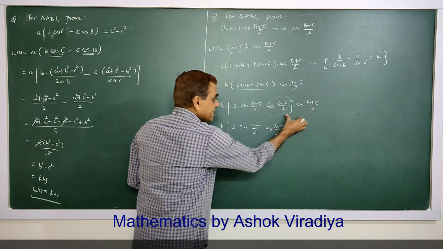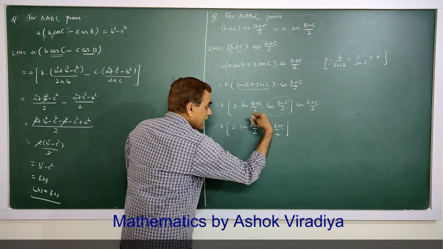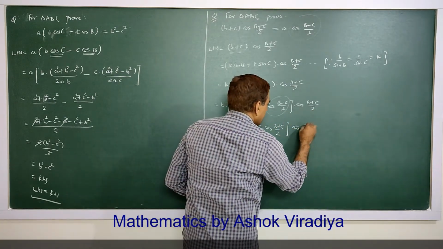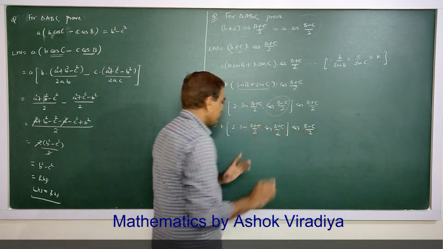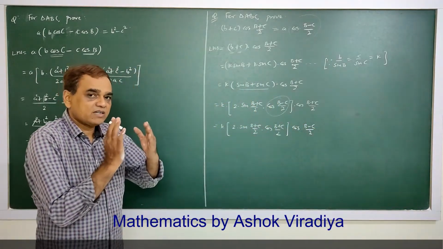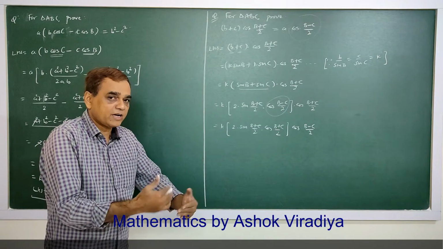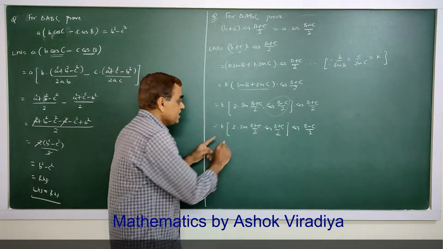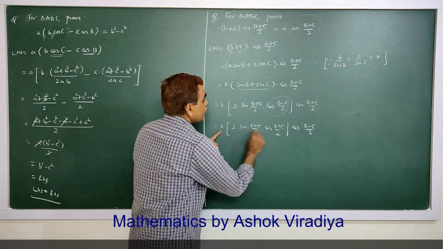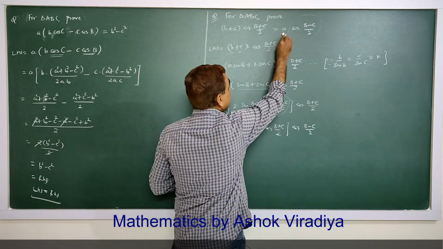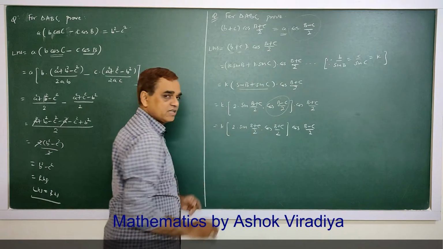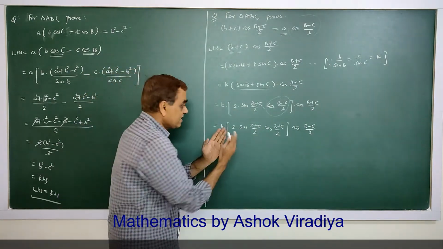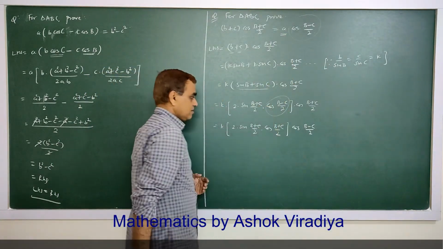This we are taking in second place, and this term I am keeping inside. We don't want to disturb cos((B − C)/2). Whatever required term is obtained, derived, keep inside. So now the work due is only in this part. Now the value of this part will be equal to a. So we are trying to prove that this is equal to a.